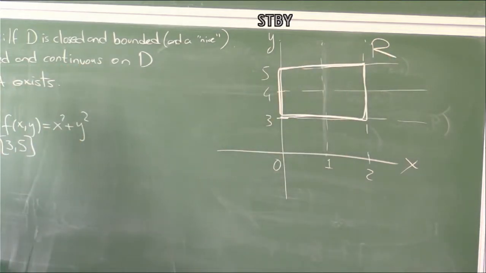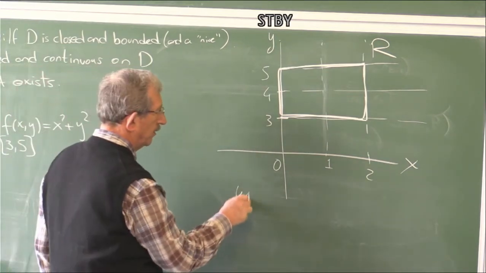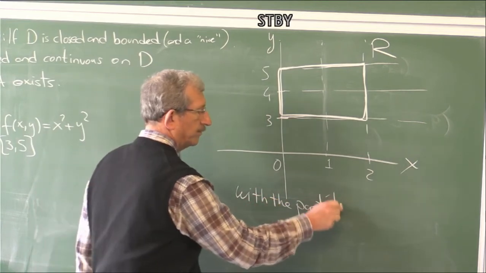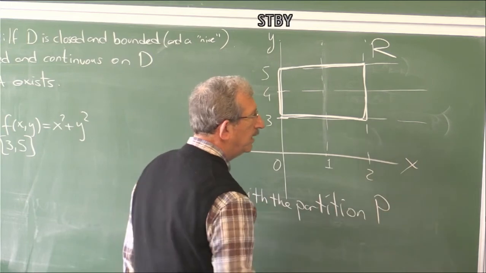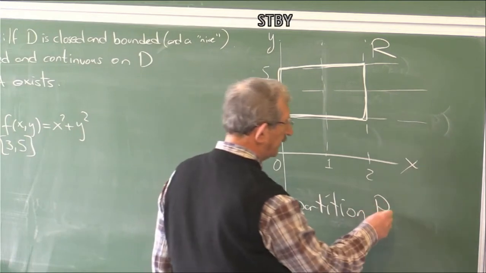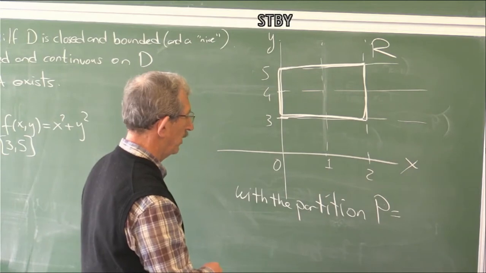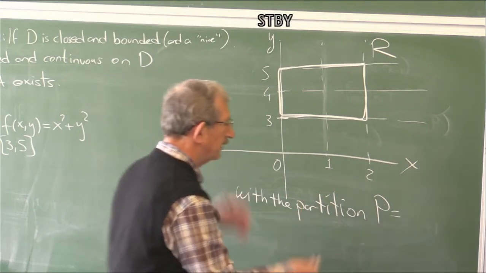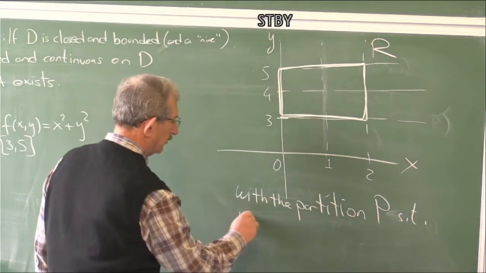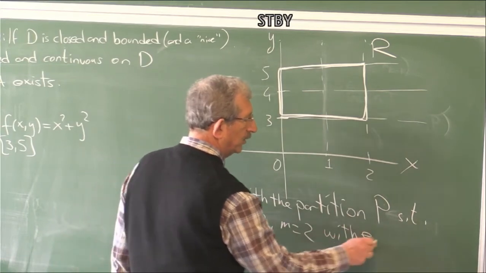Now, on this, take the partition P where you divide by 2 all the time, that is, P such that n equal to 2, m equal to 2, with equal lengths.